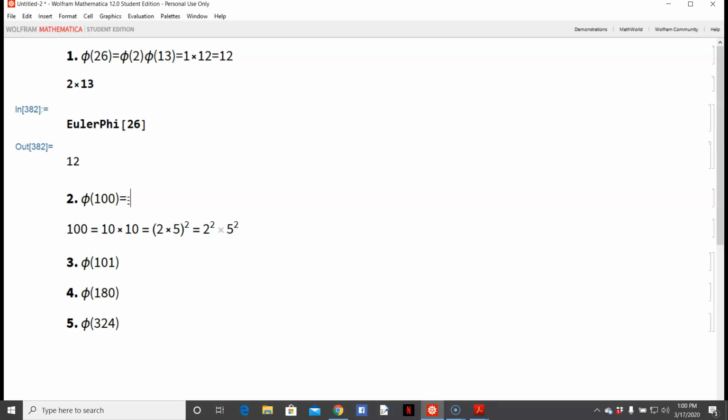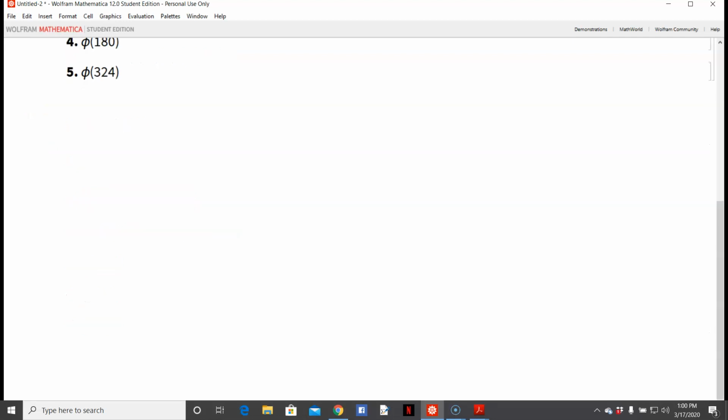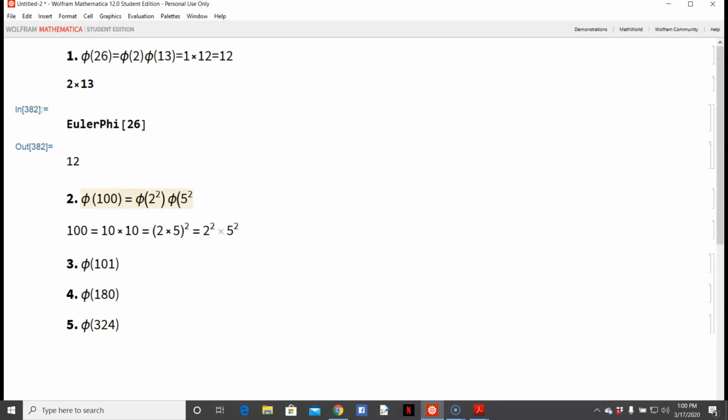So my Euler phi of 10 squared is the Euler phi of 2 squared times the Euler phi of 5 squared. And both of those I know how to compute. Those are Euler phis of prime powers.